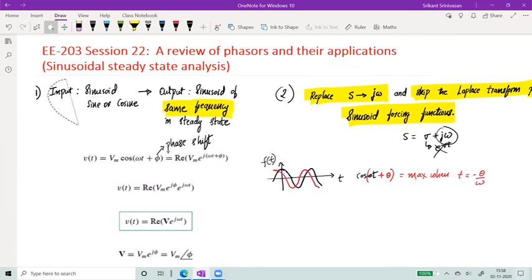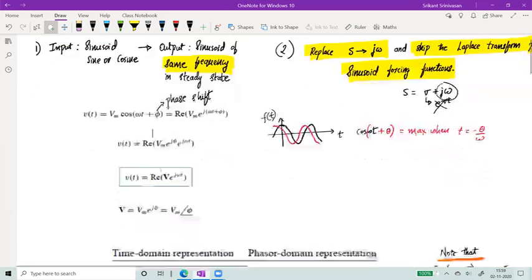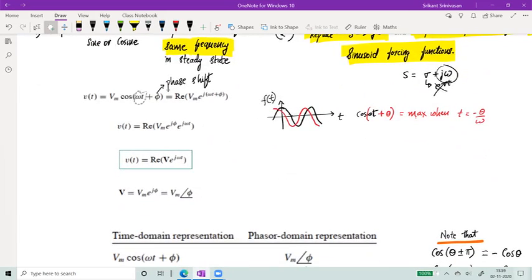If my input is some sinusoid or cosine, my output is a sinusoid of the same frequency. Because my output has the same frequency, I no longer have to worry about this omega term, because I know that in this circuit, all the frequency components will have the same value omega. It cannot be omega 2, it cannot be omega 3, it is going to be omega. Therefore, I don't need to worry about omega t. I just need to worry about the phase shift.